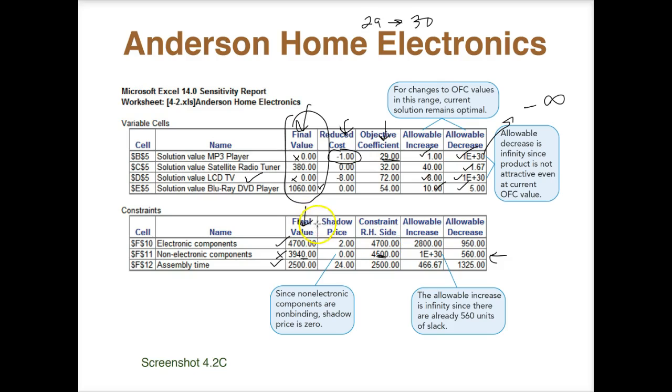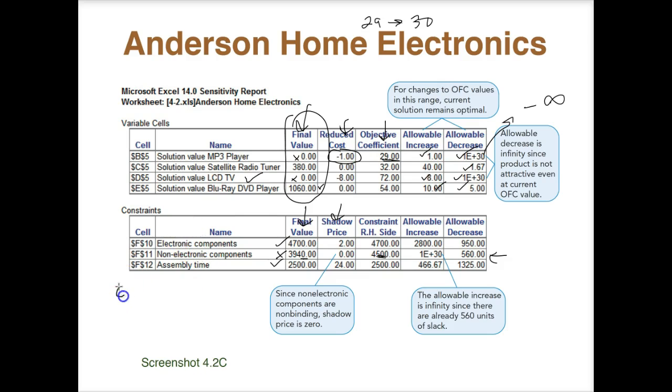Now, the shadow price, what this is, we are talking about the amount in profit that we will add to or take away from if we change any of our right-hand side constraints by 1 unit.